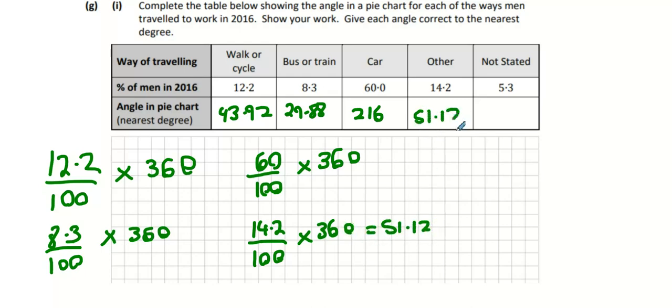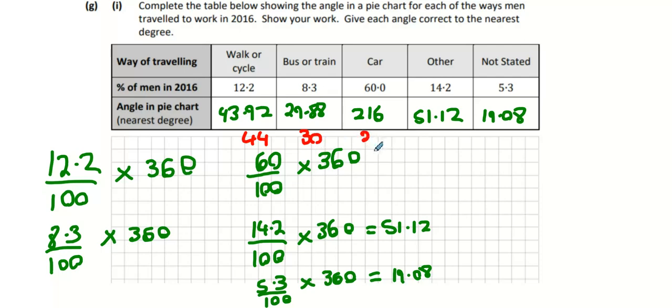And then the not stated will be 5.3 divided by 100 multiplied by 360, which will give us 19.08 degrees. Okay, so essentially you're dealing with 44, 30, 216, 51 and 19.